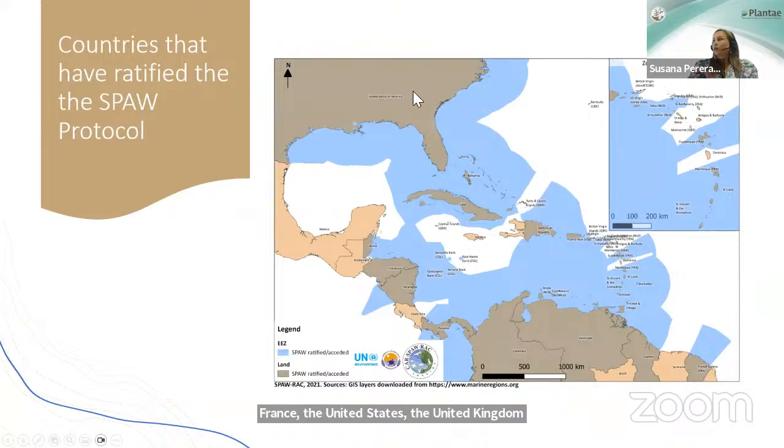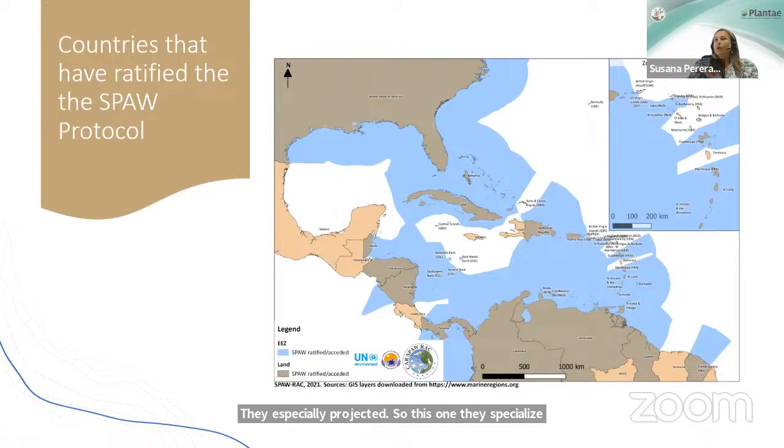Of the 28 countries in the region, 26 have ratified the Cartagena Convention and the Oil Spill Protocol, and 18 have ratified the Specially Protected Areas and Wildlife protocol. So these 18 that you can see here.